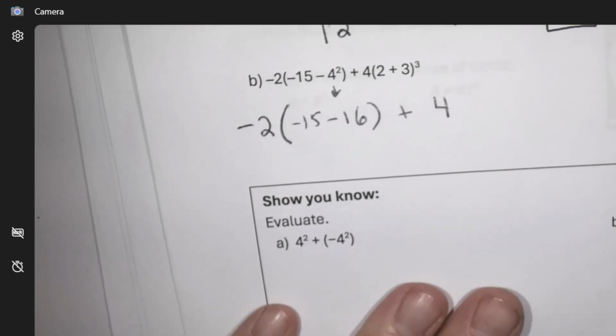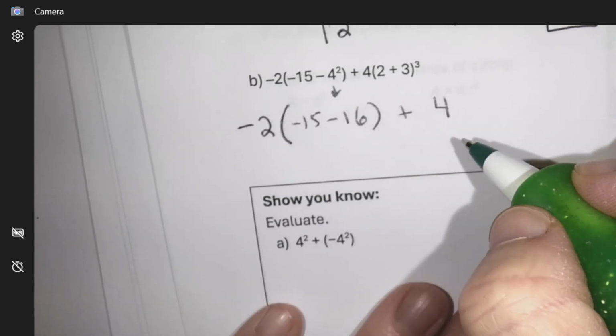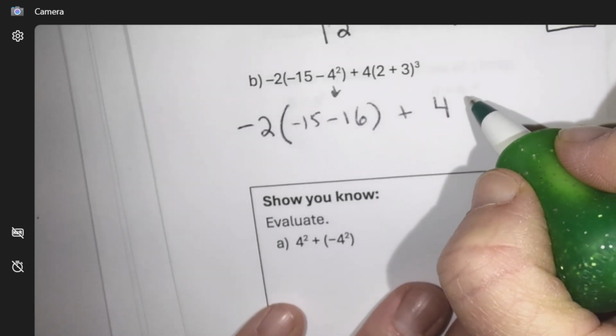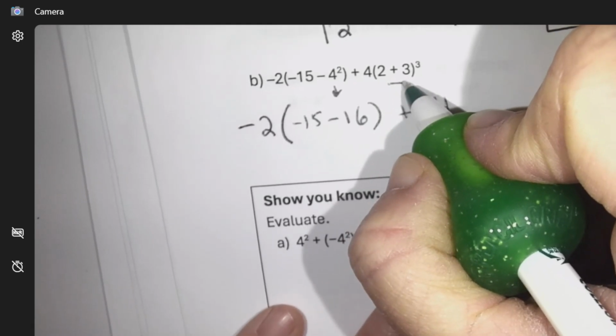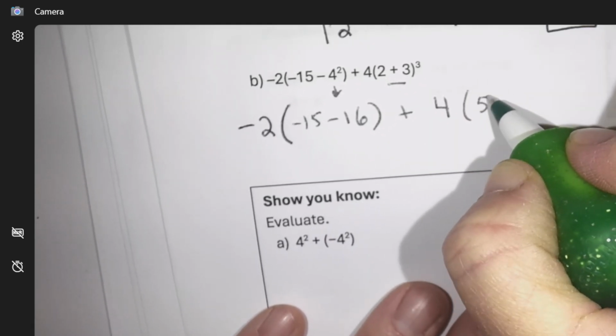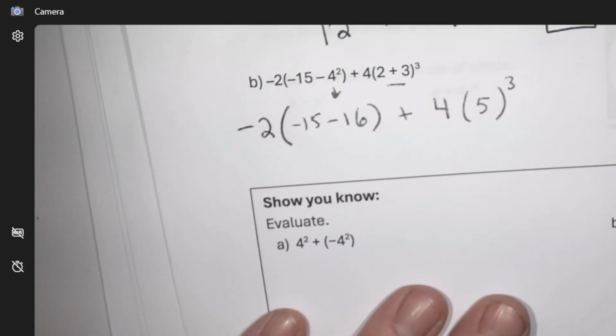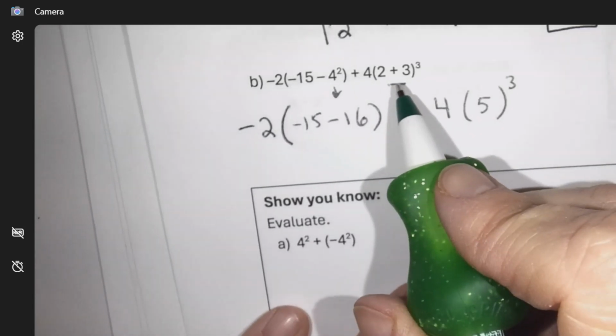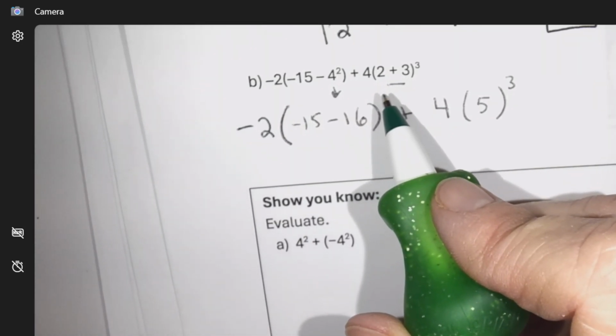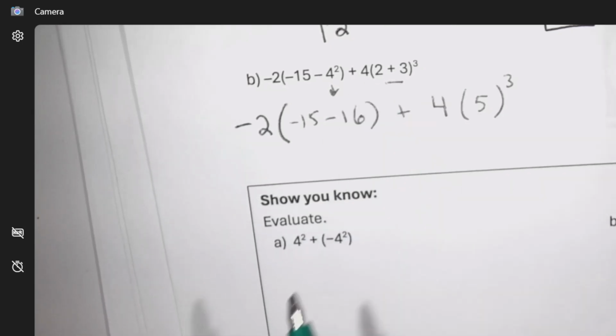What are we going to do there? You do the brackets, 5 cubed. Do you see that? Because I have to do the bracket piece, the 2 plus 3, before the exponent on the outside of it. 75.